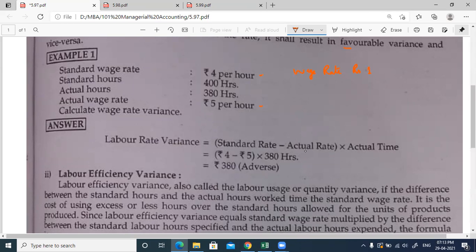It is above. But the standard hours required to finish that work as per the costing data is 400 hours, and actually you are consuming only 380 hours. So if you talk about the number of hours worked, you are saving 20 hours. That is a plus point.